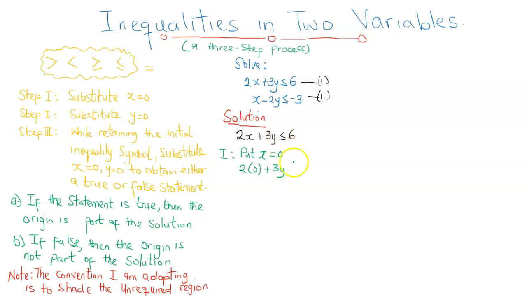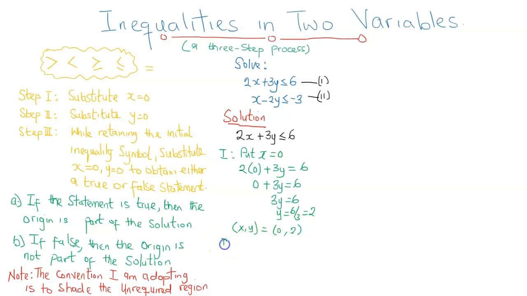Now this sign is going to change to an equal sign, so equal to 6. 2 times 0 is 0 plus 3y equal to 6. Now this produces 3y equal to 6 and y equals 6 over 3, which is 2. So that tells me that the coordinate here, x comma y, is 0 comma 2.